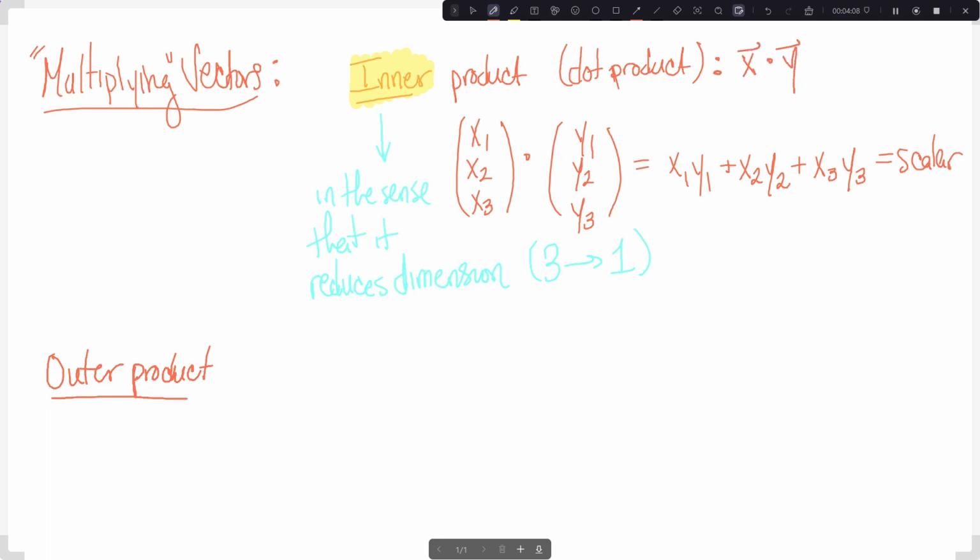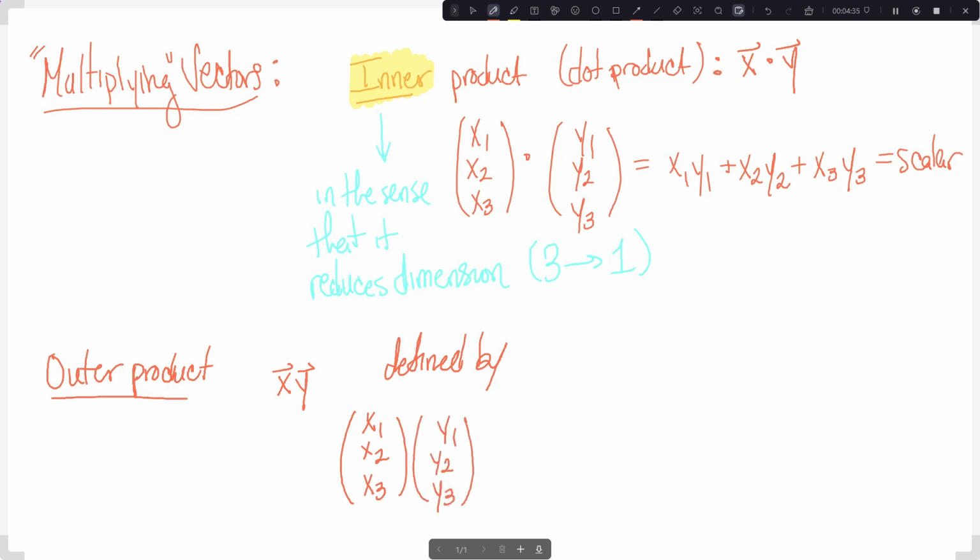With the outer product, we'll often write x as a vector and just concatenate it with y as a vector. So we'll just place them right next to each other. We won't put a dot in between them. But this is defined by x1, x2, x3, y1, y2, y3.